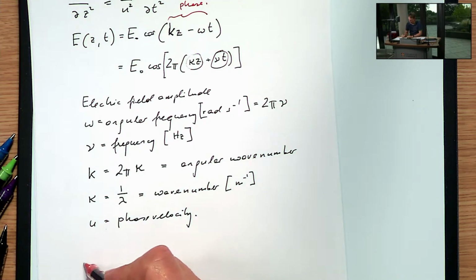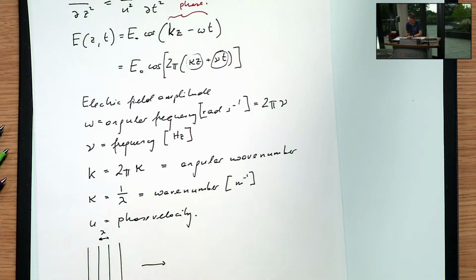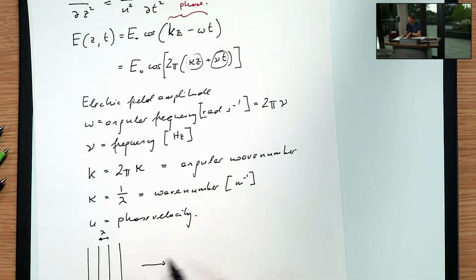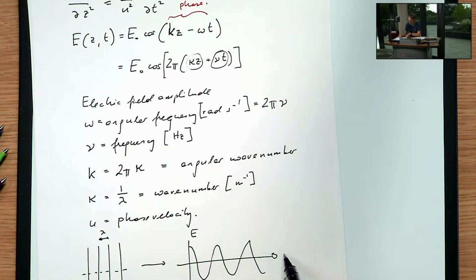So you remember plane waves propagate like this along z, right? So this is lambda, and so you can see that if I take a cross section through this, then the electric field E may vary as a function of z, it will change as 1 over lambda, right, the spatial frequency.